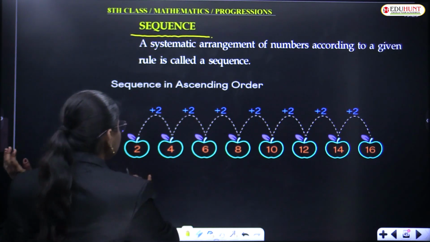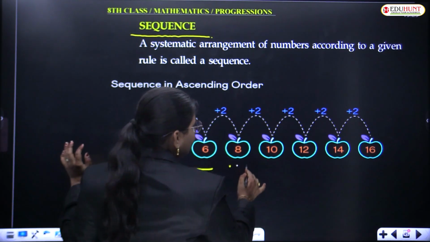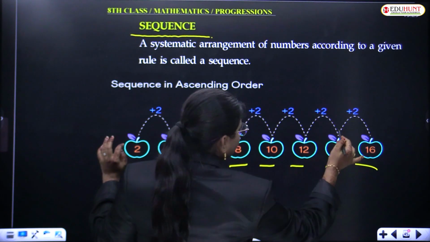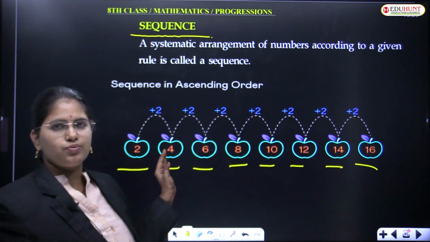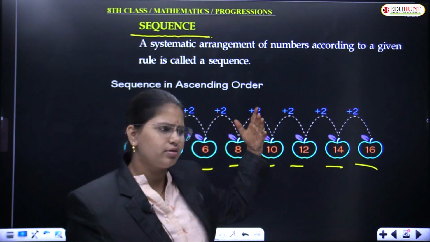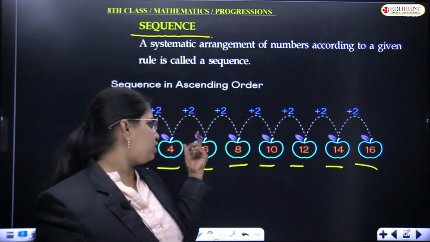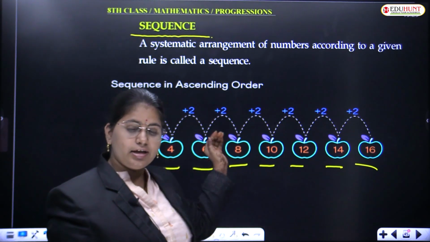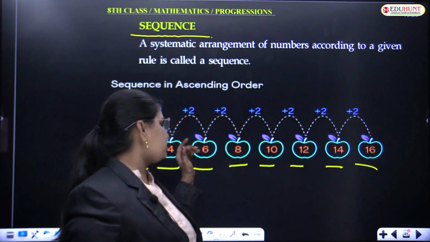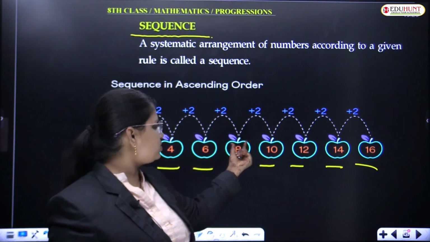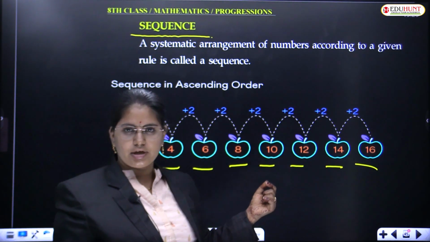Let me take the numbers 2, 4, 6, 8, 10, 12, 14, 16. These numbers are arranged in ascending order, and this is nothing but a sequence. We are arranging them by a rule: the difference between two consecutive numbers is 2.